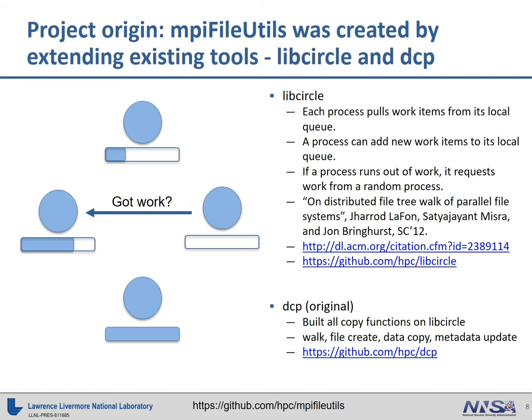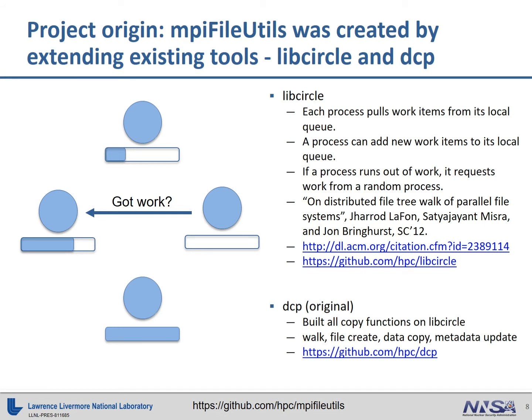So I reached out to that team and I said, would you be interested in working with me in building out this suite of tools? And they said, yeah, sure, we'd be on board. And in fact, we know people at Oak Ridge and DDN who might also be interested. And so we started off this project as this team of 4 institutions working on this back in 2013.